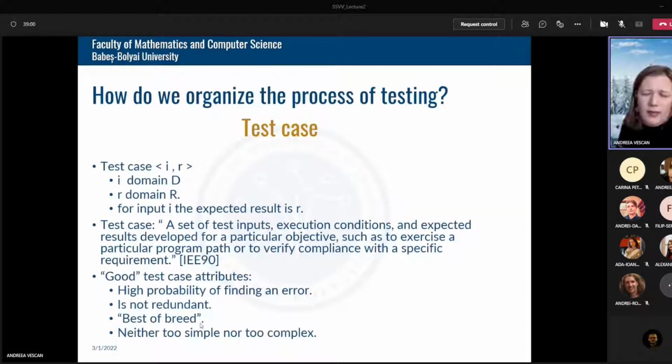Best of breed: if you have a set of test cases that test the same kind of behavior, you should select the best representative. It should be not too simple and not too complex in terms of how you identify failure or pass, how you identify the expected results, and it should not be very difficult to implement.